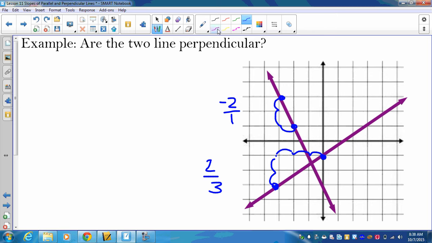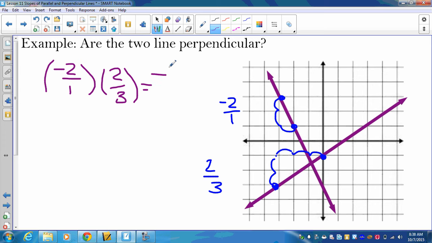So we need to multiply these together to see if they multiply to be negative 1. I get negative 4 over 3, which definitely doesn't simplify to be negative 1. So these two lines are not perpendicular. They definitely intersect, but they're not intersecting to make right angles, so they're not perpendicular.